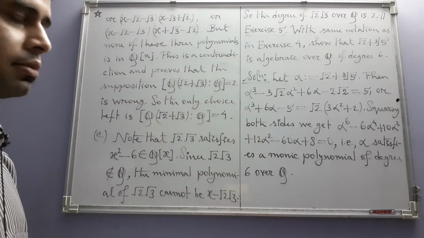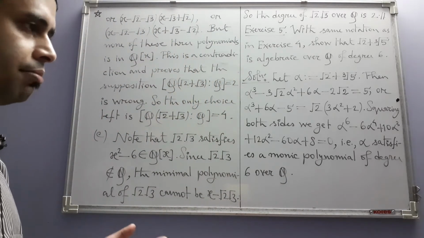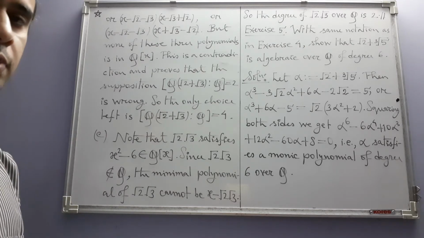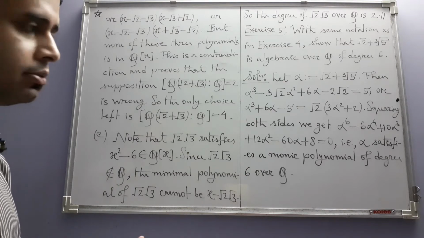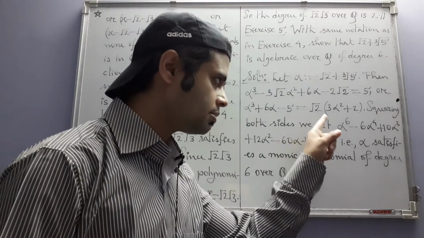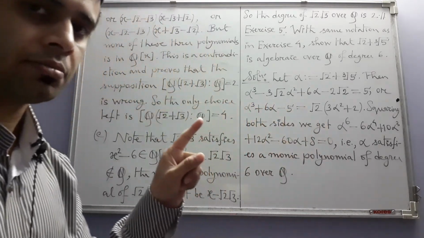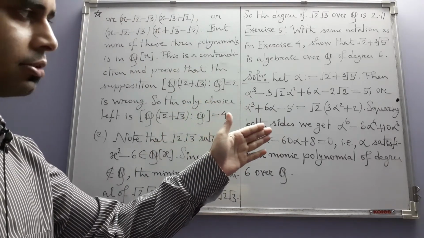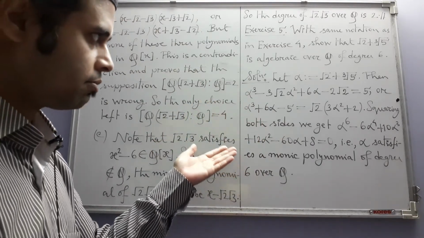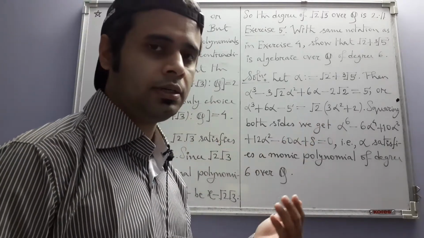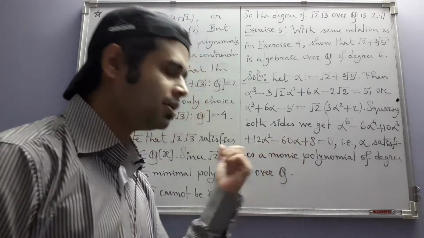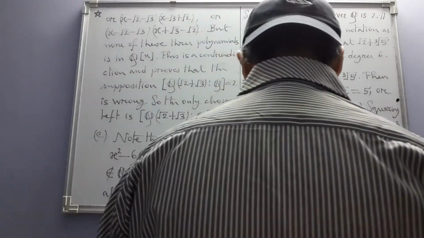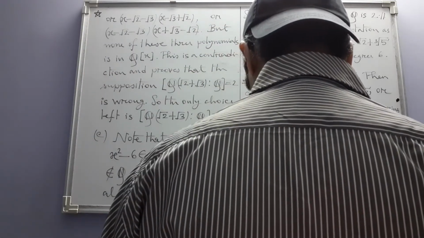So we know that the minimal polynomial will be of degree at most 6. We have to prove that it is actually equal to 6, and because this is a polynomial that is satisfied by alpha, and it is also monic, once we prove that the degree is 6, this will be the minimal polynomial because it is unique. Okay, so what is the next thing?